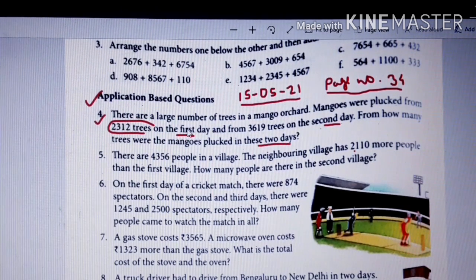So we have to find the total number of trees from where the mangoes were plucked in these 2 days. Right? So what we are going to do? We are going to add the trees of first day as well as the trees of second day. Okay, so let's start.